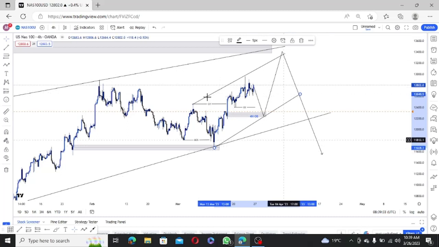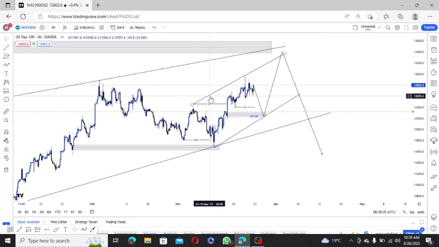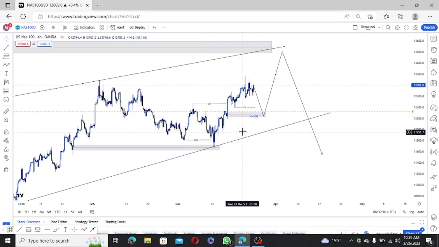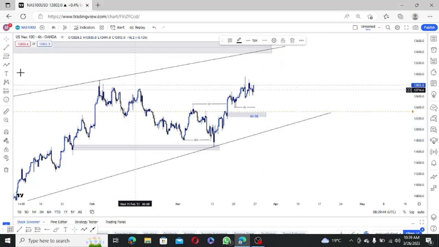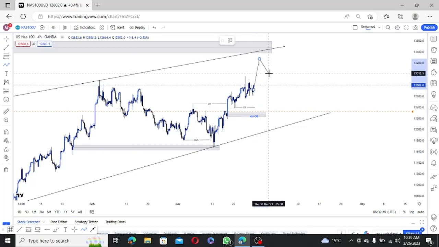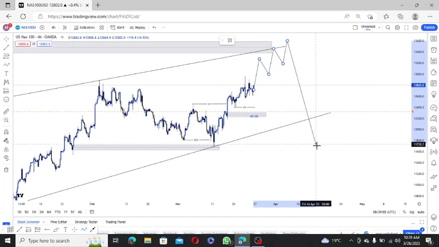Should price push back down, then obviously this is gonna be the area that we're gonna be looking to buy from, depending on how price will get there. But then if price doesn't come back down here, doesn't matter, it doesn't have to come there anyway, and then we're gonna be waiting to see price get to those areas, we get those nice patterns, and then we're gonna be looking to take this to the downside.